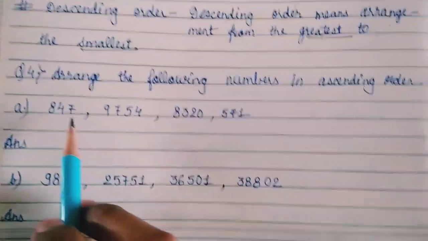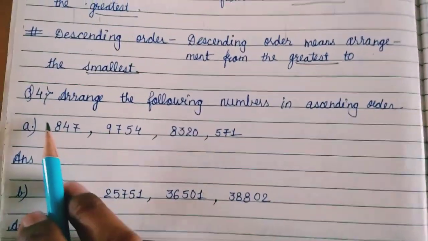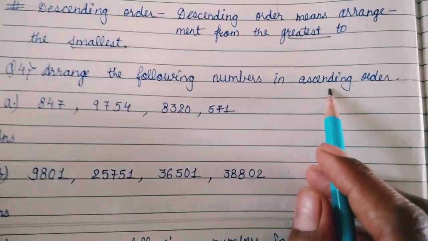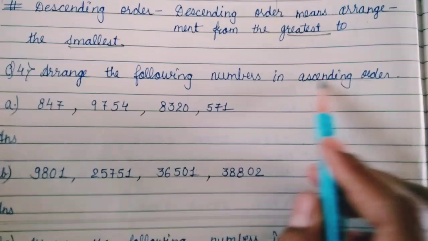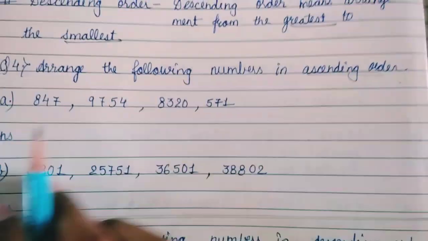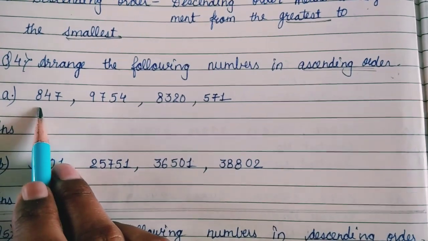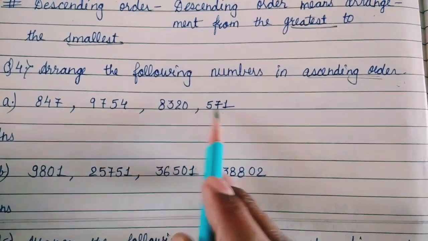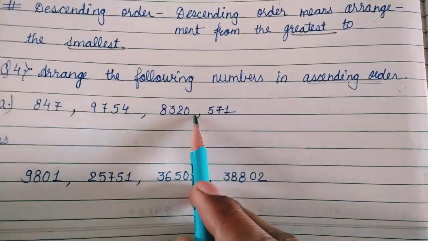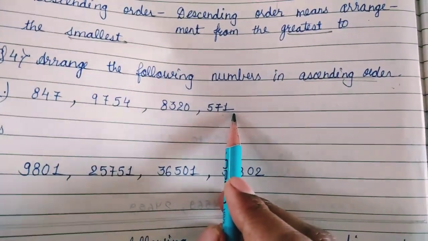Now we are going directly to the next topic, which is arrangement. Arrange the following numbers in ascending order. Ascending order means small to big. Given here we have 4 numbers: 847, 9754, 8320, 571.